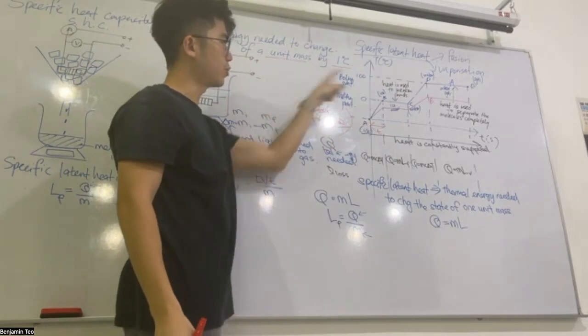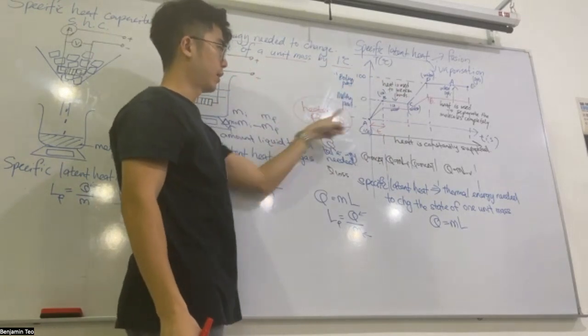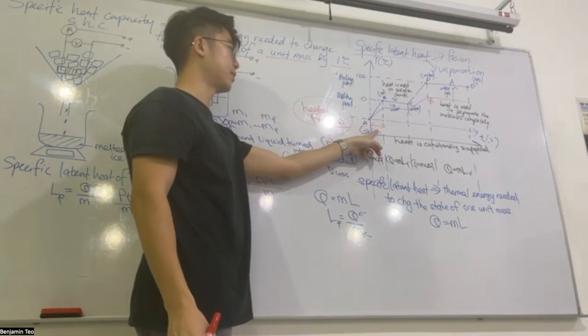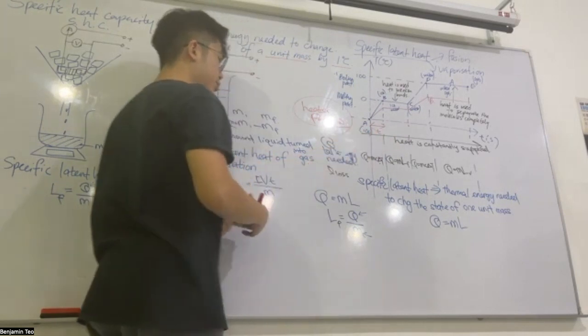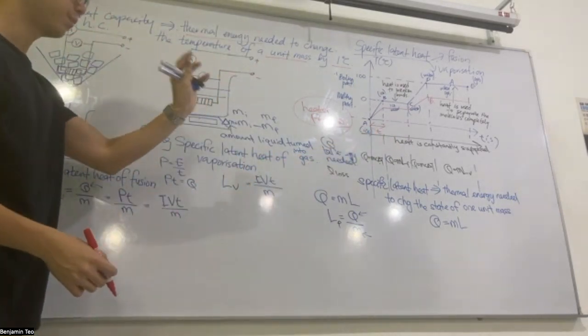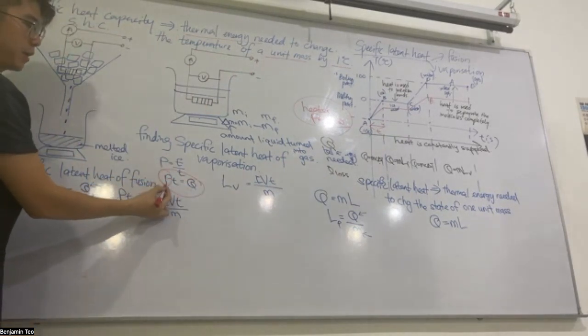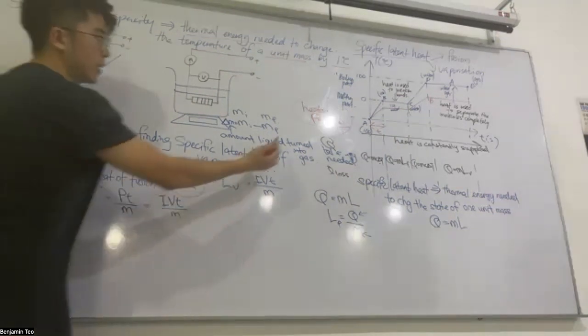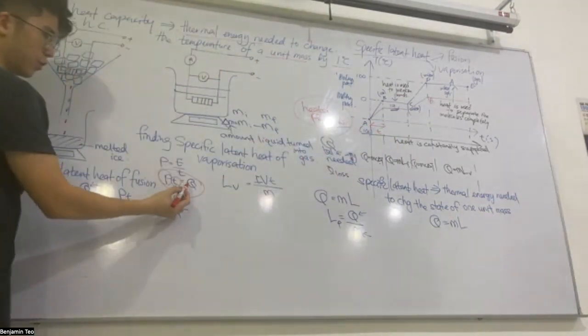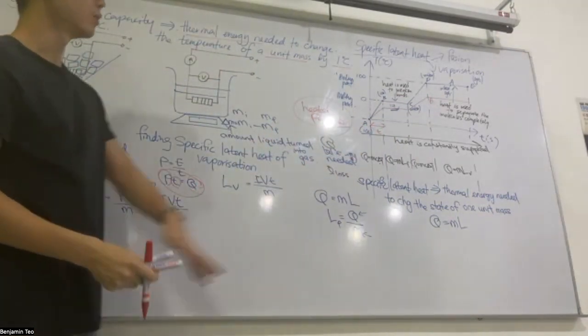So the heater I use to heat them is the same, and the duration I heat them is the same also, T. That means the energy they get is the same: PT, same P, same T. So the Q they get is the same.